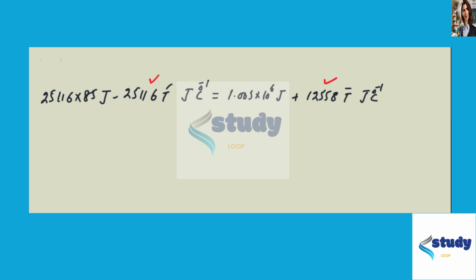So this gives us minus 25116 minus 12558 T prime joule per degree Celsius, equal to 1.005 times 10 to the power 6 joule minus 25116 times 85 joule.